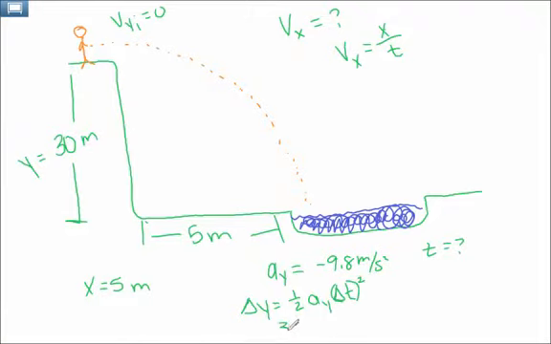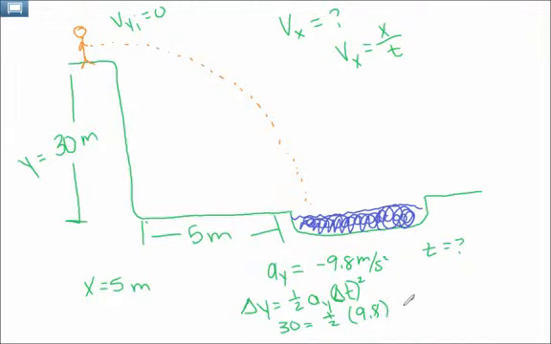So 30 equals 1/2 times. If we put a negative sign in, that's fine. We'll get a negative y. What does that tell us? Downward. So I'm going to just leave out the negative right now. Does everyone follow that? Okay.